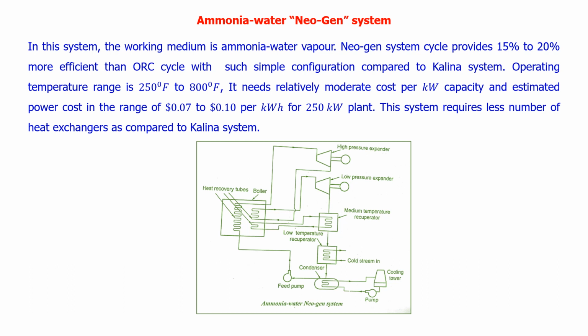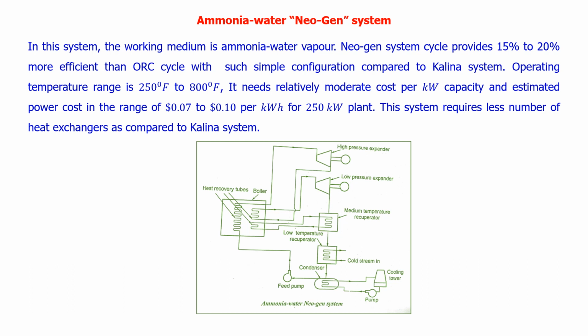Here it is 15 to 20% more efficient than ORC because of its simple configuration, but it has limited applications. It will work in the range of 800 to 850 degrees Fahrenheit. It has a relatively moderate cost per kilowatt capacity, and it requires fewer heat exchangers compared to the Kalina system.